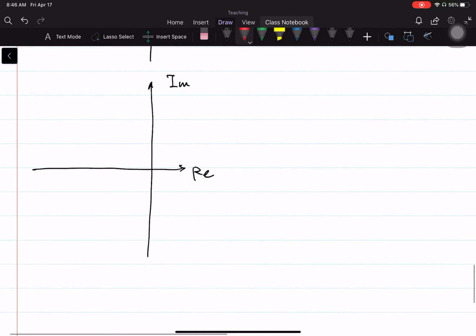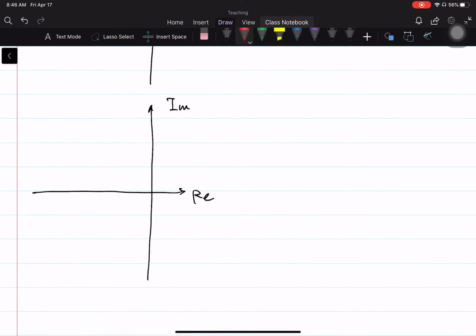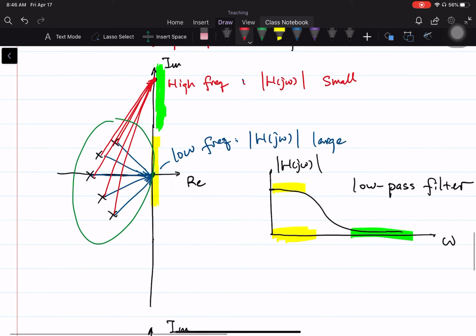Okay. Now, if we want to do a bandpass filter, before doing that, let me mention that in this case, we assume that there are no zeros, only poles.